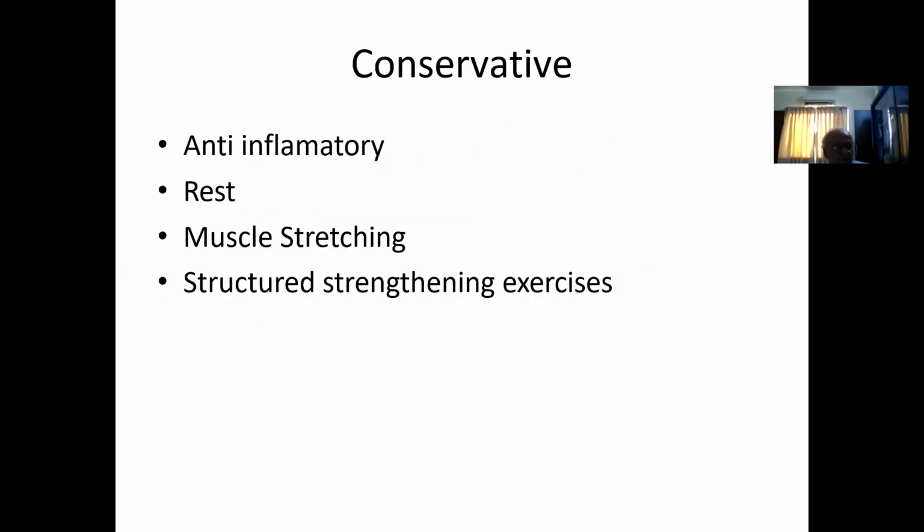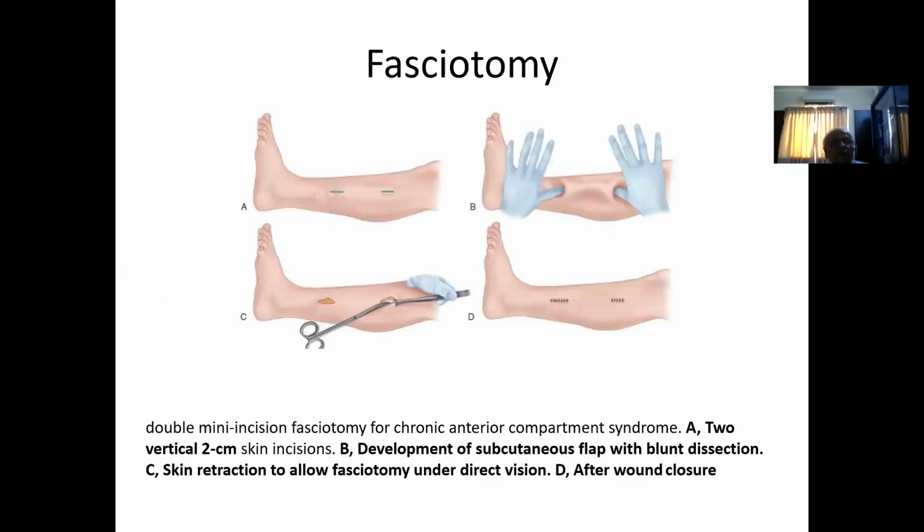If it is not relieved by conservative means after some period of time, then you have to do a fasciotomy. The typical fasciotomy described in the literature is the double mini incision fasciotomy. We put two vertical 2 centimeter skin incisions here and here, on the lateral side of the leg. Develop the subcutaneous flap with blunt dissection from here and here, so we meet inside.